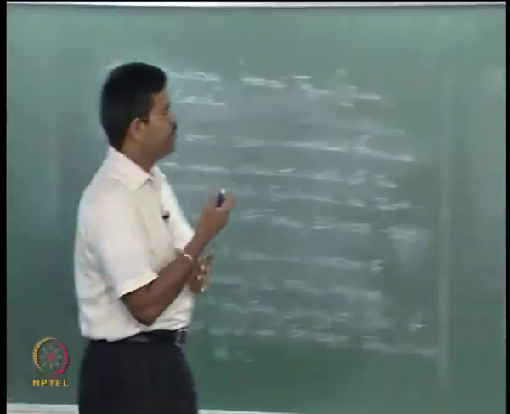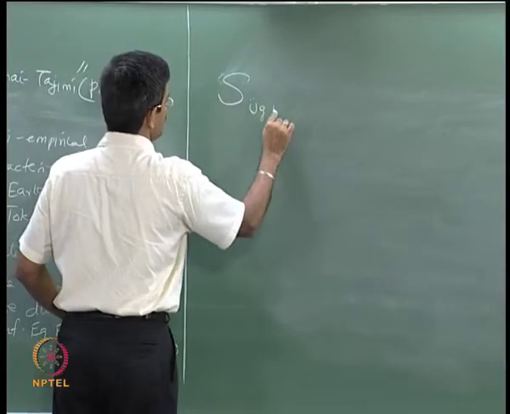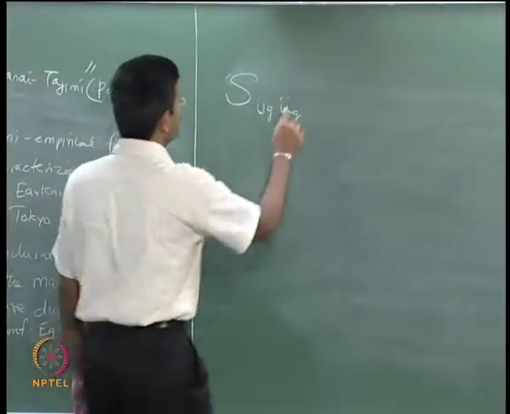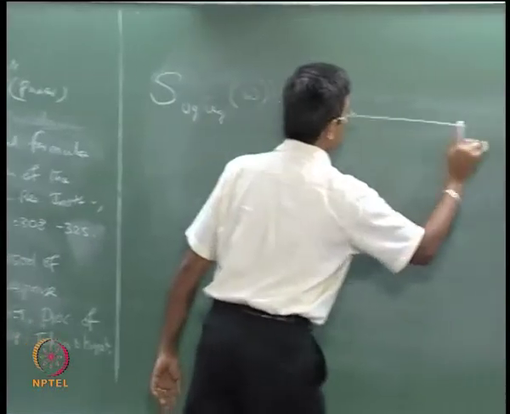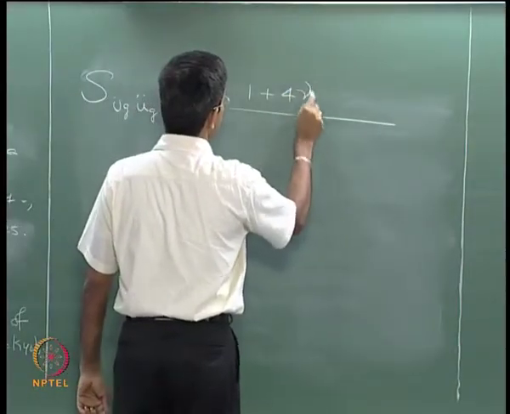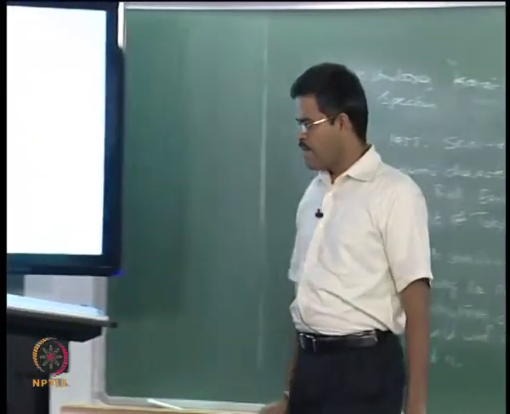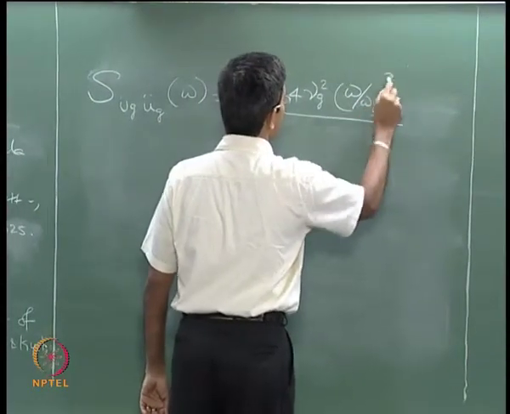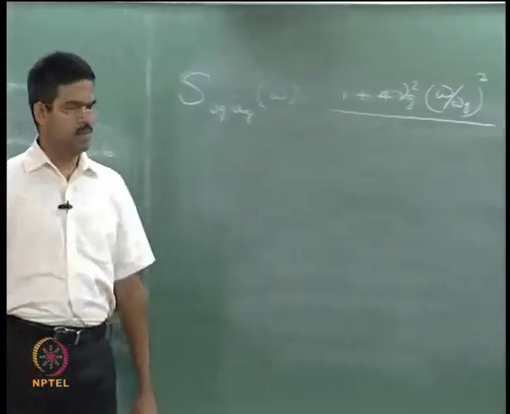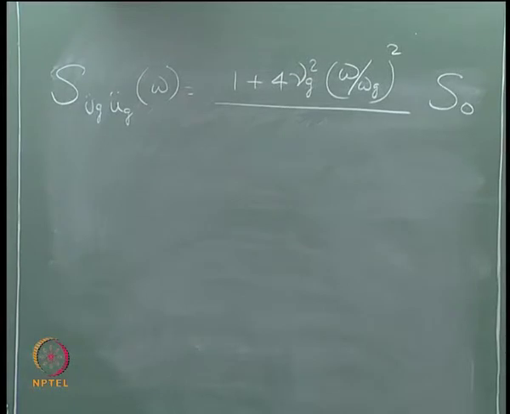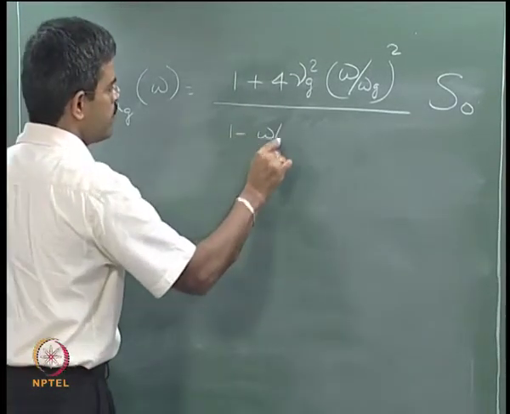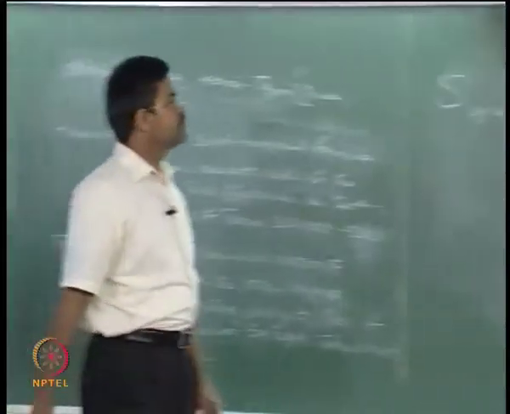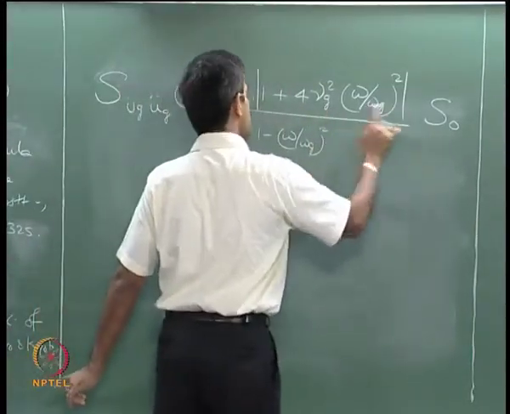So, the spectrum is given by S U double dot G U double dot G of omega, where omega is the frequency content of this, so I want to prevent or protect the directionality.